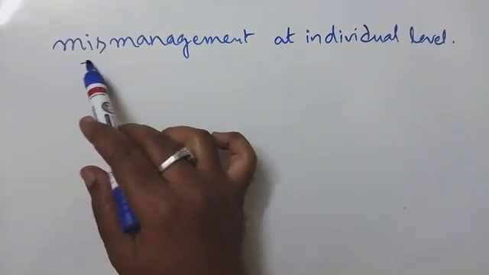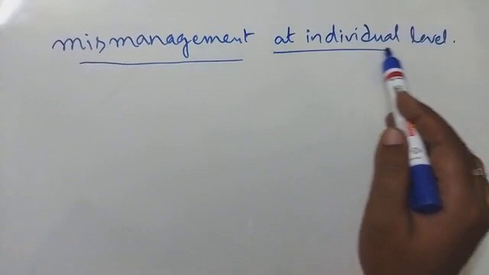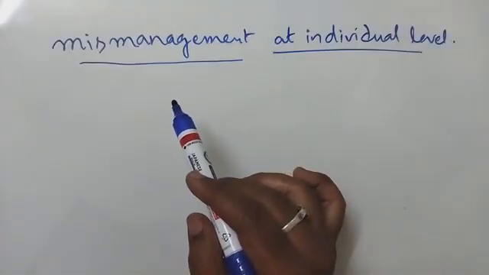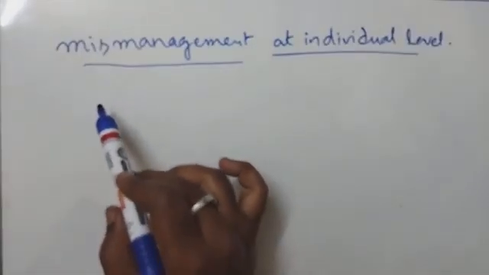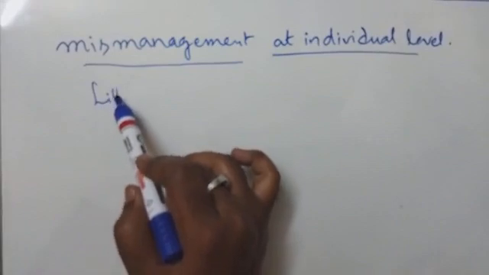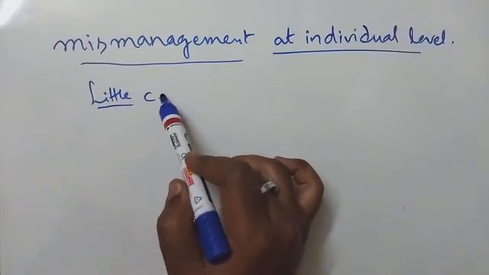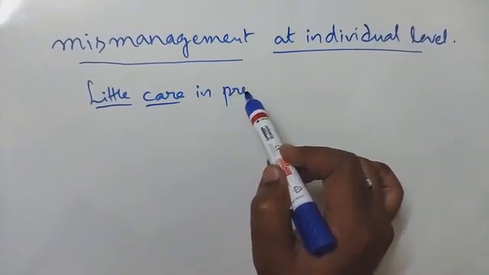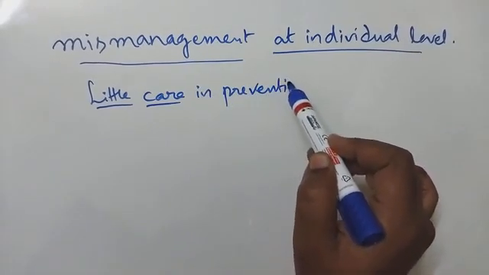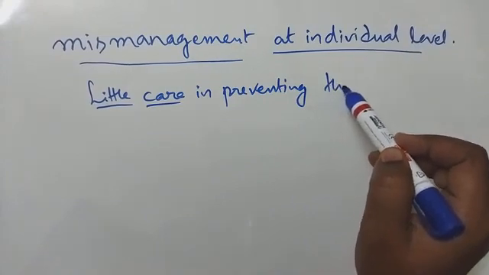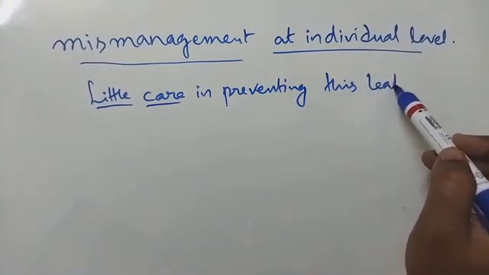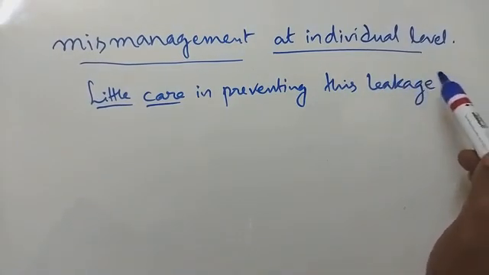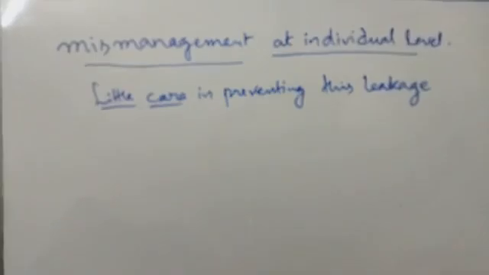So this is mismanagement at individual level. A little care in preventing this leakage can save a lot of water that can be utilized by the persons who are at water scarcity.